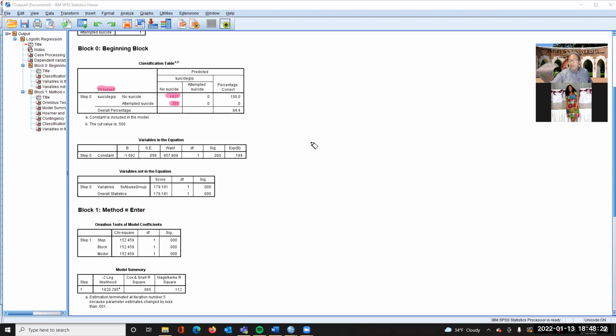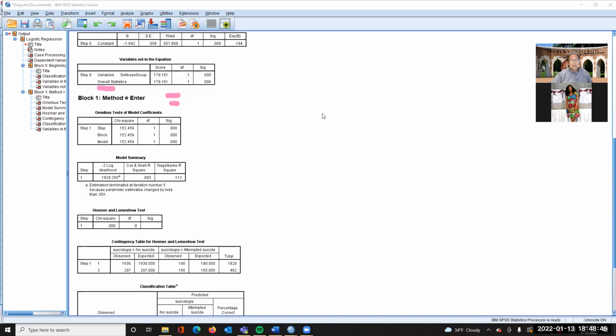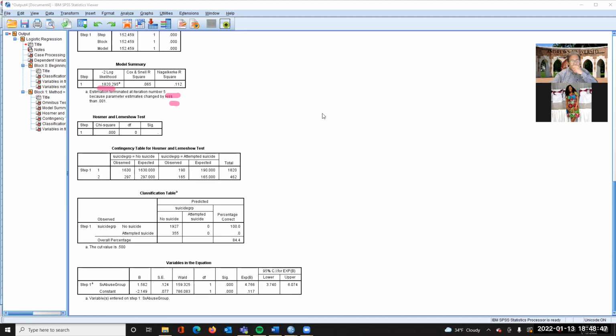Now you remember how we evaluated goodness of fit, meaning how good is the equation. Here is the logistic regression equation right here.